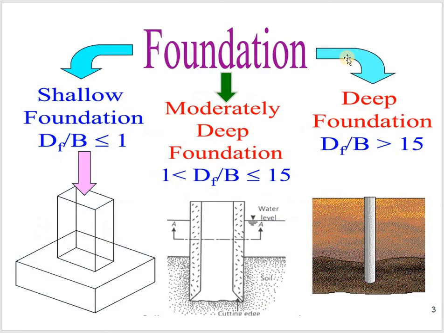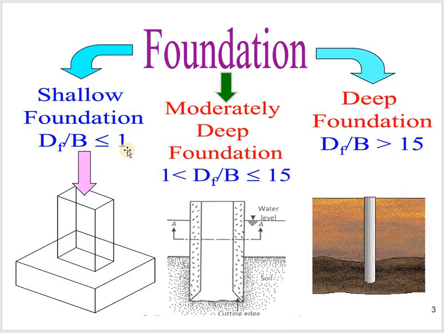So moving on to the types of foundation, how will you classify the foundation into shallow foundation, moderately deep foundation, and deep foundations? If you have the depth of footing Df and the width of footing B, then if Df by B is less than or equal to 1, you call such a foundation a shallow foundation.